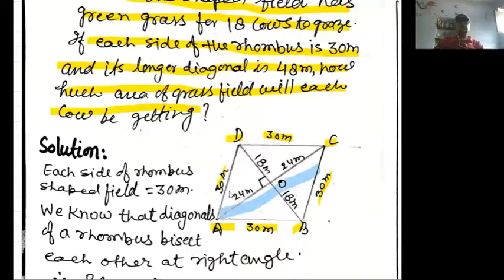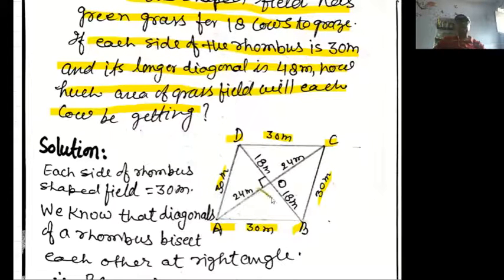We draw two diagonals AC and BD. We know that diagonals of rhombus bisect each other at 90 degree, a right angle.